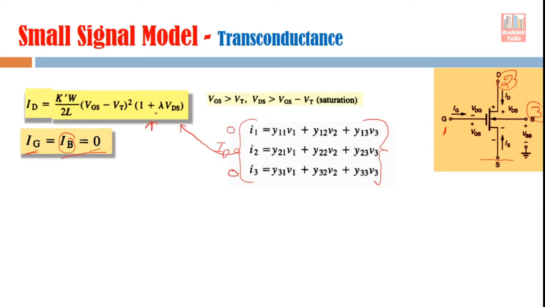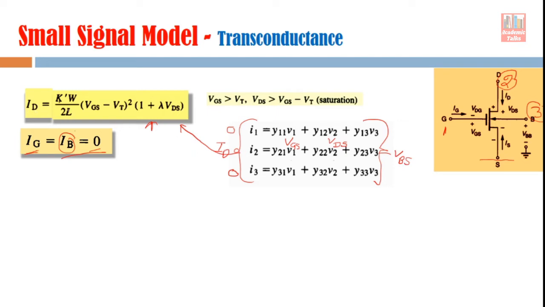The equation of ID is given here. So this I2 depends on V1, V2 and V3. V1, first terminal, is actually your VGS, the gate source voltage. V2, second terminal, is actually your VDS, and V3 is actually your VBS, the bulk source voltage. So you can see this I2 is your ID.